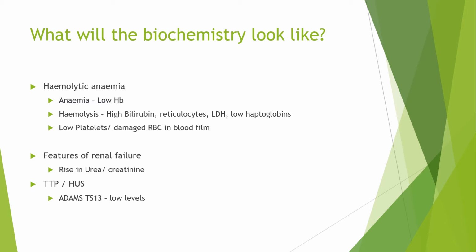I told you TMA is a histological diagnosis, which means you need a tissue biopsy. But even before you proceed to that, the thing that is obvious to us is blood work. So what will the biochemistry look like? What are the pointers that will help us think about TMA or hemolysis in a particular patient?